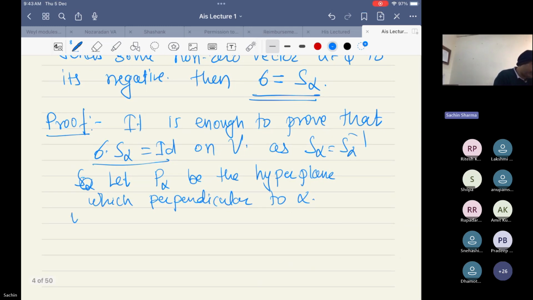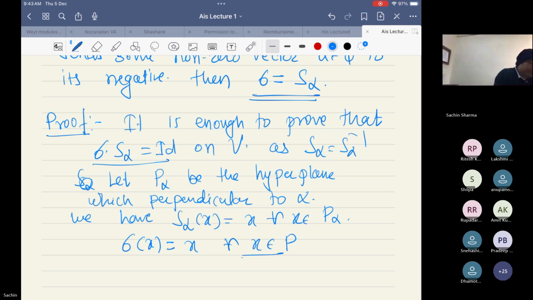Then we have S alpha of x is equal to x for all x belonging to P alpha. Similarly, sigma of x is equal to x for all x belonging to P. Okay.